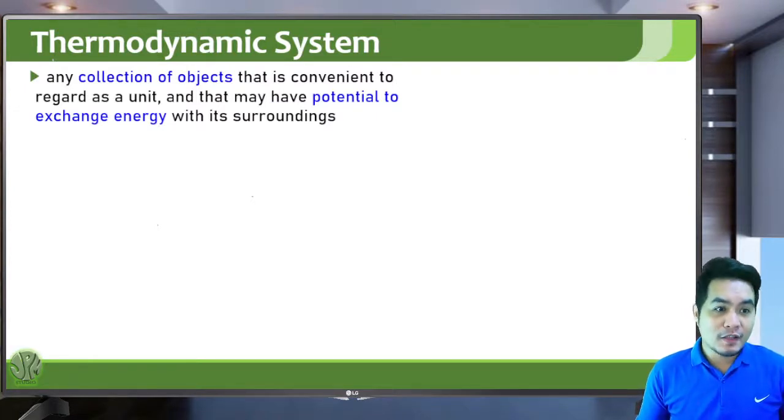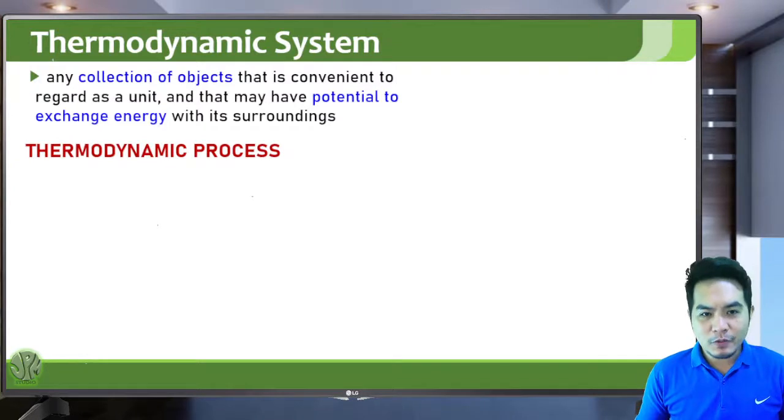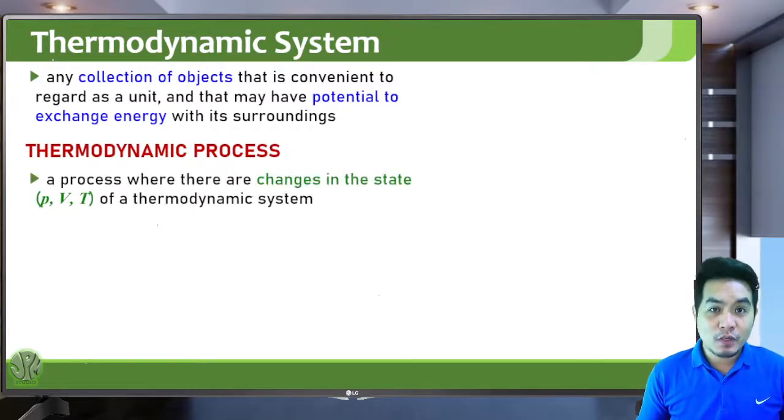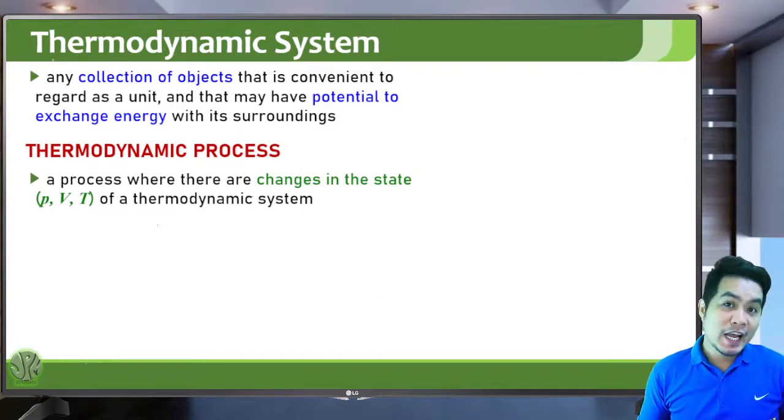A rocket is a thermodynamic system, or anything that has the potential or ability to exchange energy with the surroundings or environment. A thermodynamic process is a process where there are changes in the state variables of the thermodynamic system. So the pressure, the volume, or the temperature of the system may change. From here on, when I say system, I mean a thermodynamic system.